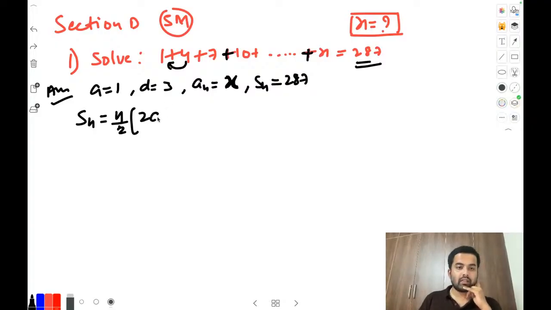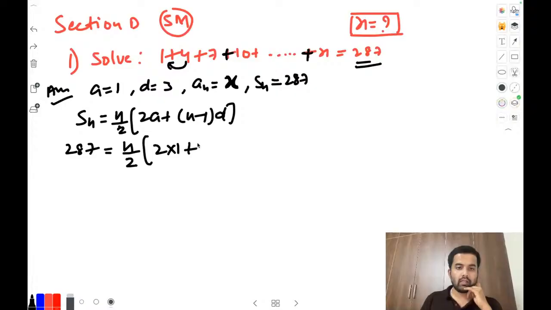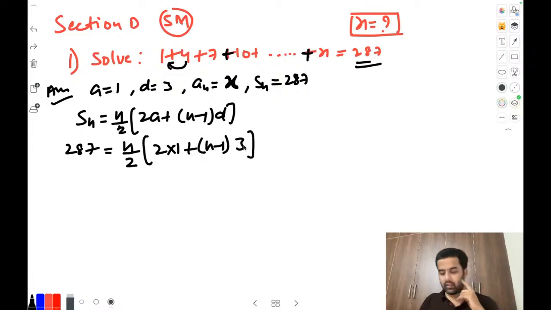We kept like this. And let's one by one keep the values. So 287 is the sum. N only we have to figure out. So 2 into 1 will come, and n minus 1, and d become 3. I hope till here it is okay.